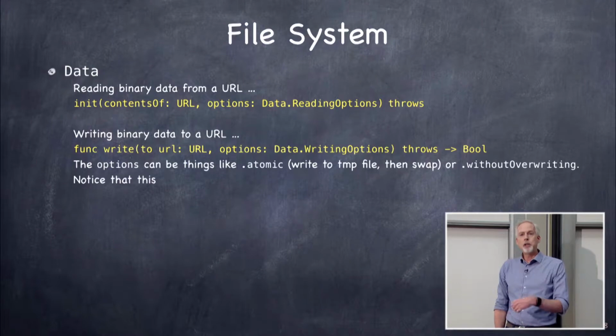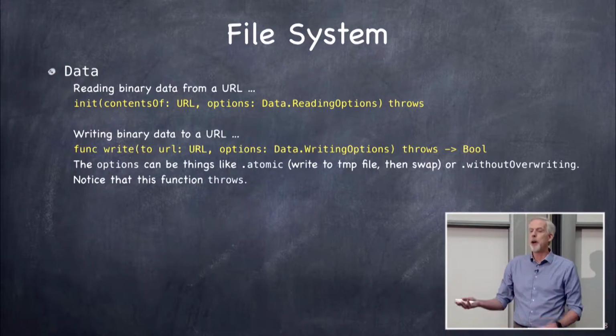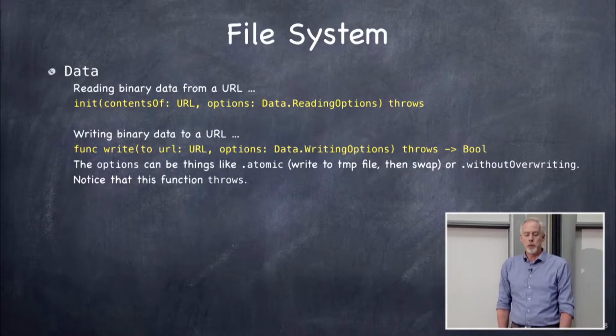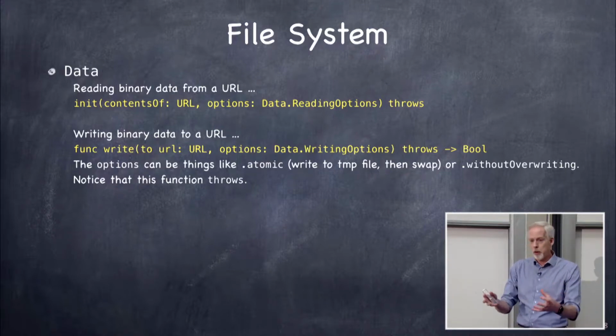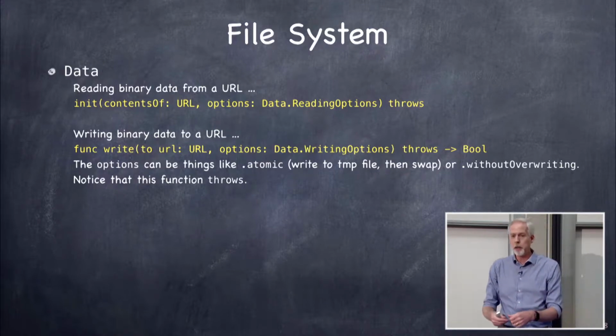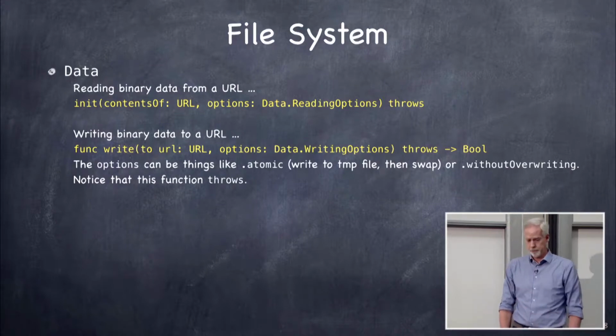And to write files, you're going to send this to data, write to URL, and it also has options you can look at as well. So that is how we read and write to the file system. We have a data, probably one we got by archiving the thing to JSON or whatever with our archiver, and we just read and write it with these two methods from the file system. So you can see it's all about just getting the right URL, and it's easy to read and write.